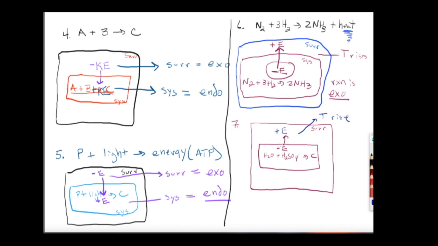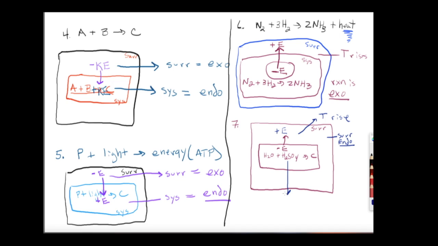So if you were holding this reaction in your hand, right, you have a glass of water, you add some sulfuric acid to it, you would feel the glass heat up. This is also true in problem number 6. All right, so basically in the surroundings, this process is endo. It's going to gain in energy, and that's why the temperature rises. And if a human's holding the glass of water, it's going to heat up.